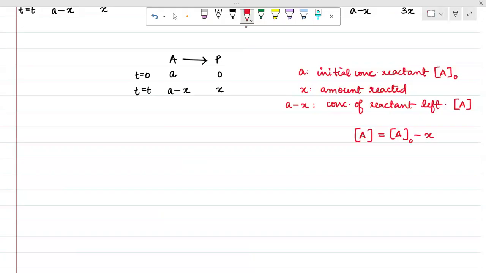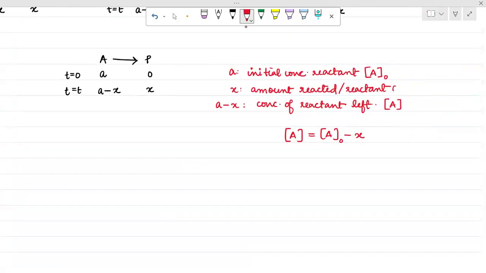This is the amount reacted, or the amount of reactant consumed. Everything is the same, just different terms. Whatever is left is equal to the initial concentration minus whatever was consumed, X.